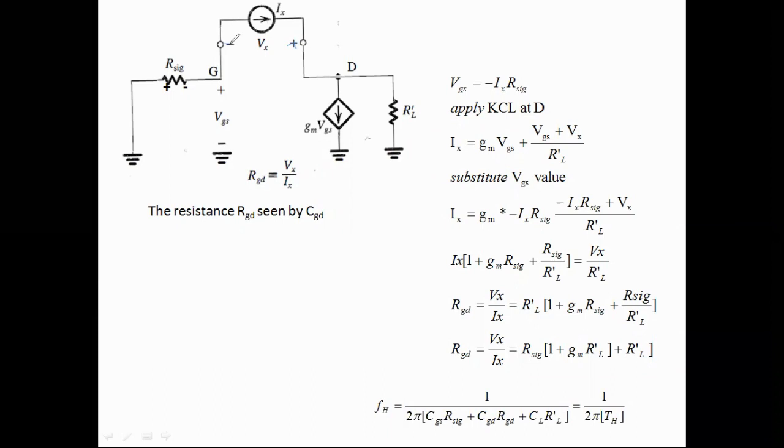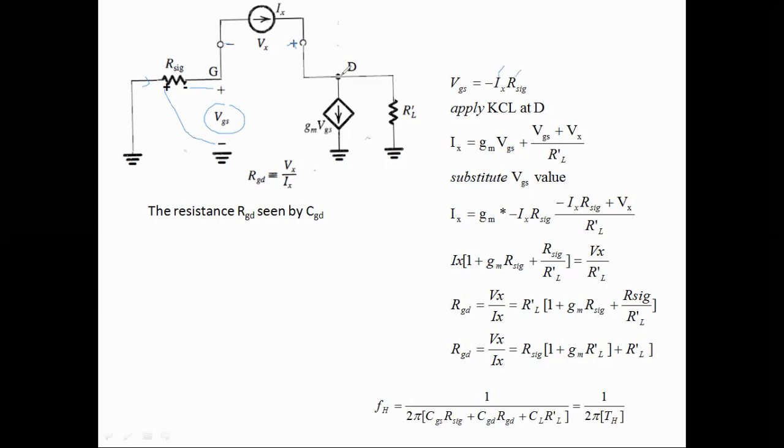Now you see Ix is moving like this, so current entering is positive, leaving is negative. Comparing this with VGS, the polarity is opposite, so VGS can be written as minus Ix into Rsig.